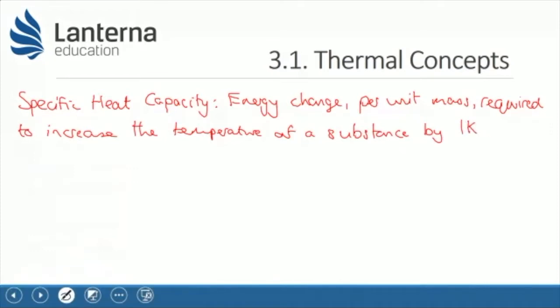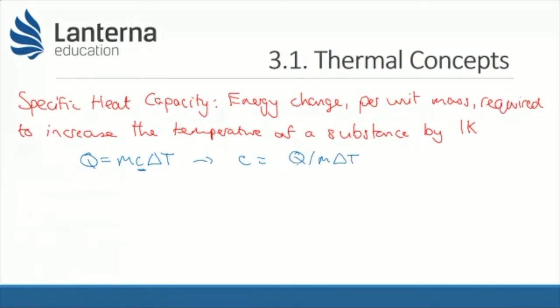Okay. Again, we can just state the equation and define the symbols. So if we look at the equation we have in our data booklet, which is Q is equal to mc delta T, specific heat capacity is c. So I can rewrite it as c equals Q over m delta T. So Q is the thermal energy change, delta T is the change in temperature, and m is the mass.